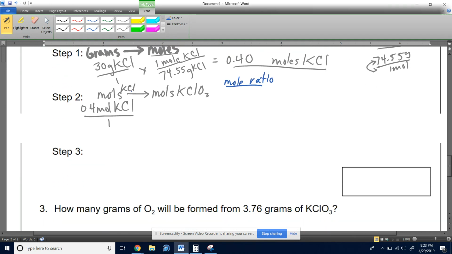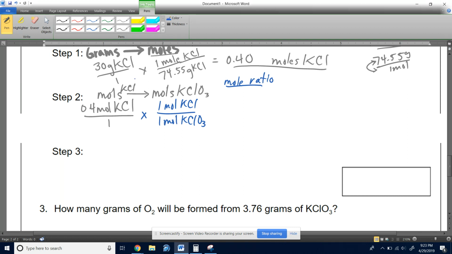Okay, so then now what we could do is put in our mole ratio. It was 1 mole of KCl over 1 mole of KClO3. Uh-oh, some of you should be having your ears ringing because this is not correct. We cannot cancel our units. Moles of KCl should be on the bottom.